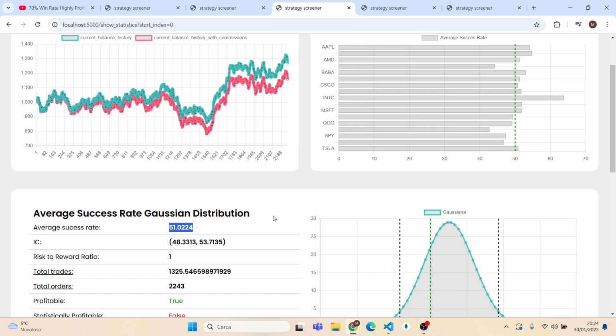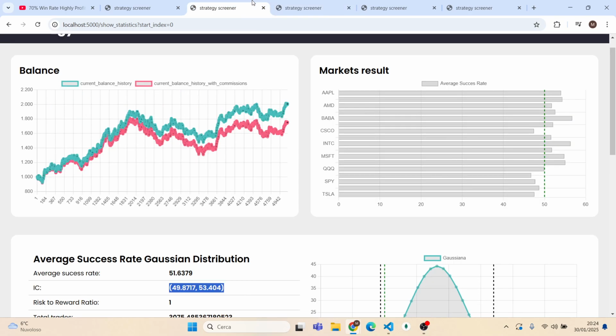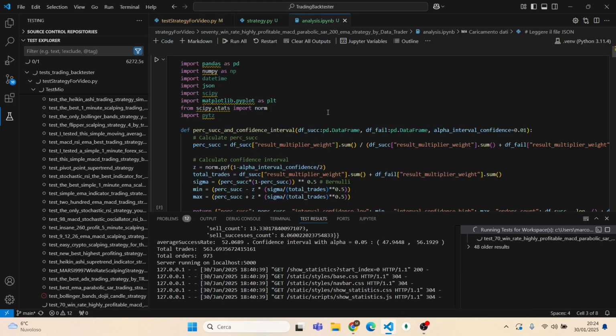Okay, after we have done this first analysis and first improvement, it's time to download all the trades and see if we can improve the strategy. The number of trades is pretty high.